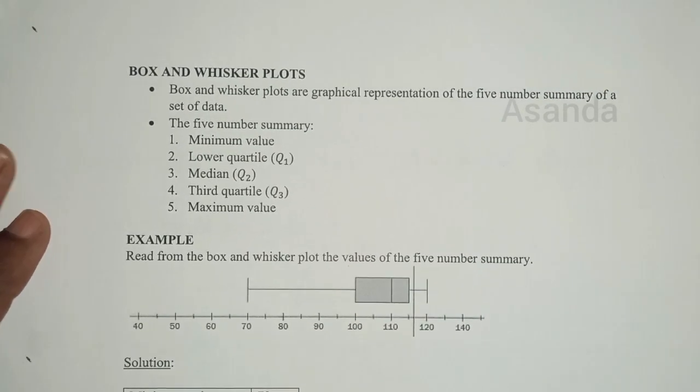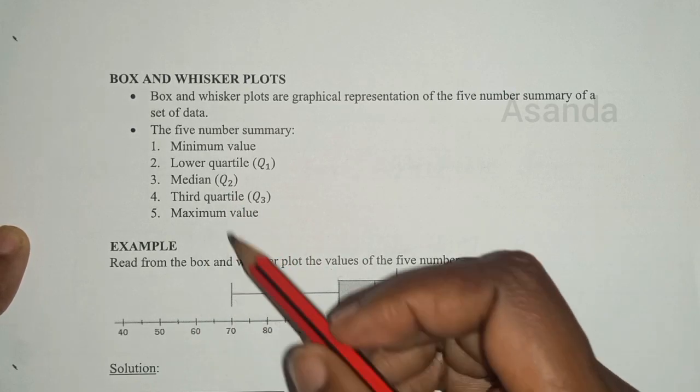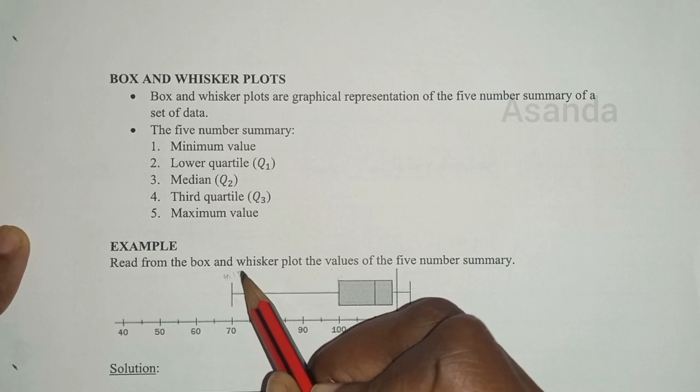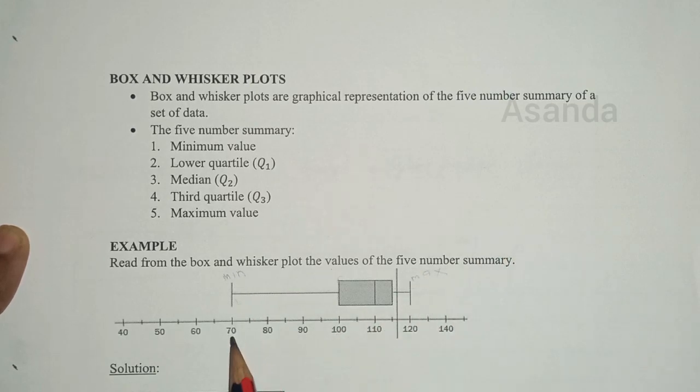We're going to use this particular example here. This part here is a box, and whiskers, like a cat, right? So the whiskers point at the minimum at the beginning, and at the end they point at the maximum. So basically the minimum is 70 and the maximum is 120.